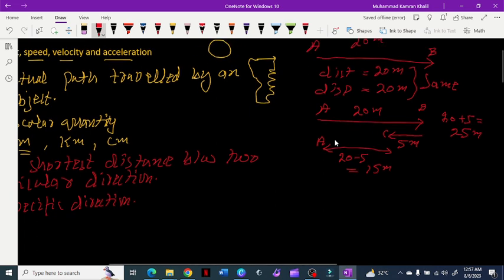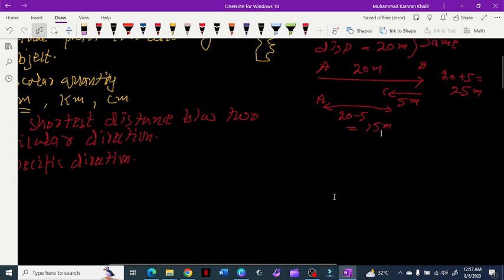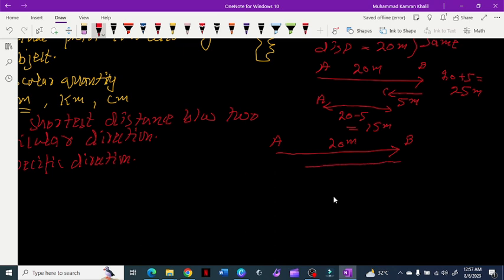Is it possible that distance will be traveled but displacement will be zero? That is a question asked in the past paper as well. If we move from A to B 20 meter, and then move backward from B to A 20 meter, this is my initial and this is my final.